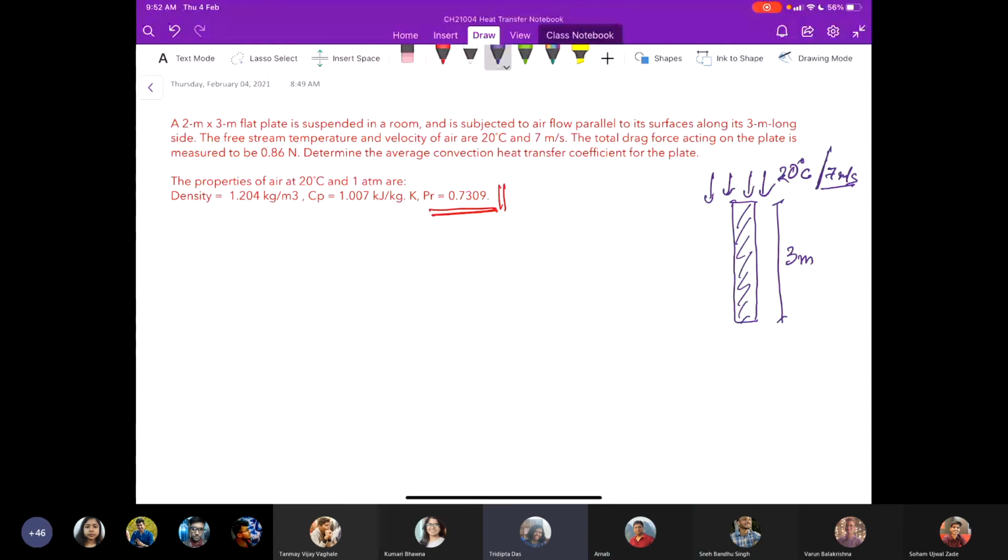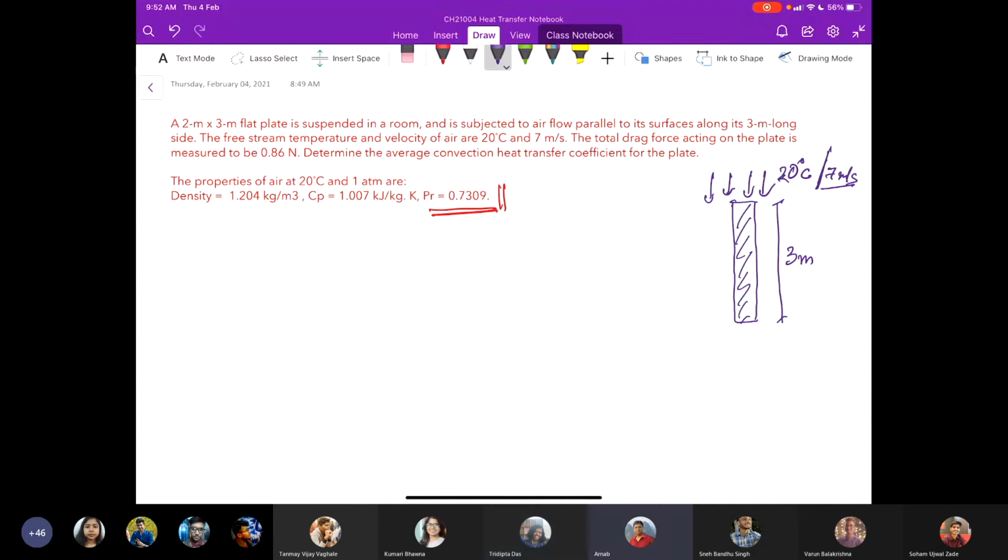Because from the Nusselt number only we are going to get the heat transfer coefficient. Okay, but that is fine. But in this case, do you need that value? Okay, let me solve this problem.